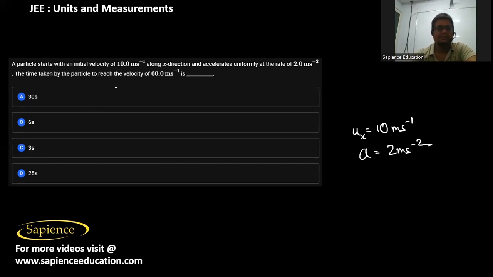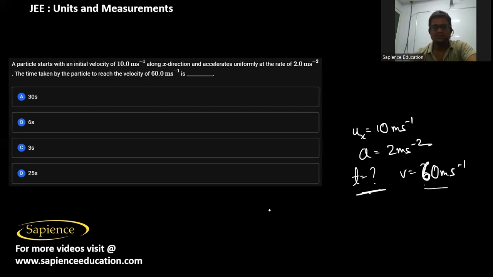Then the time taken by the particle to reach the velocity of 60 meter per second is, so v is 60 meter per second. So at which time it will attain this velocity has been asked.